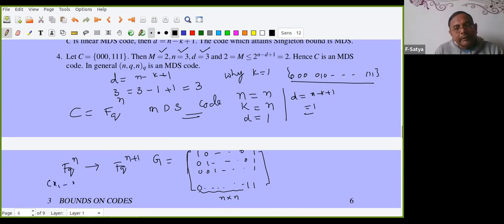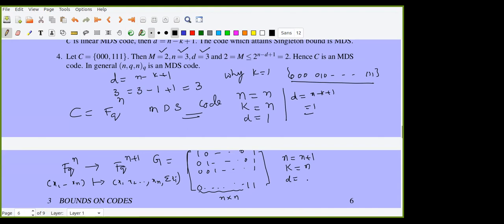So (x1, ..., xn) maps to (x1, ..., xn, and the summation of the xi). This is the map. So now my n is equal to n plus 1. Sorry to say it like this; if you are confused, then take k plus 1. So in this case, k equals n. Correct. What is the distance?